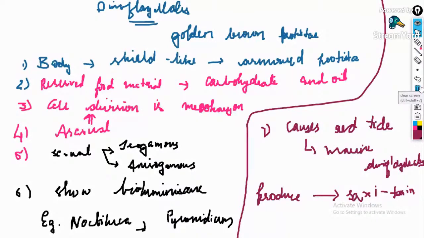We have euglenoids, more euglenoids and protozoa and protista, then slime mould. So take a screenshot and post it in the group fast.